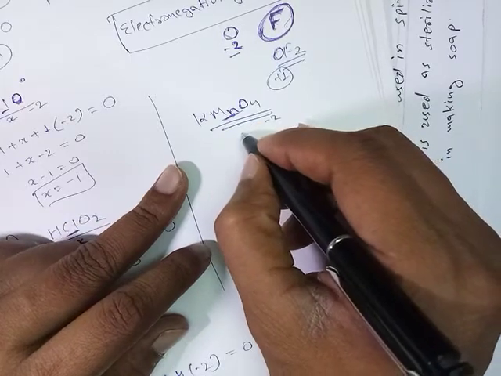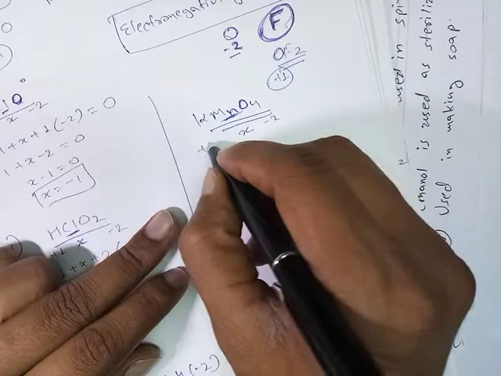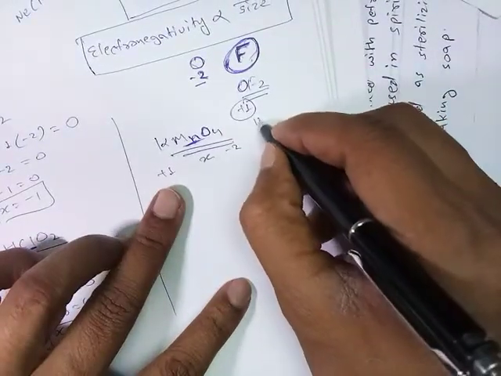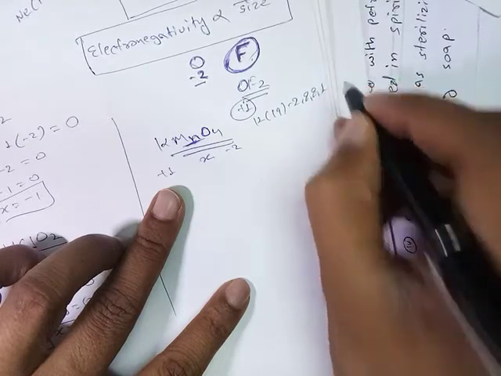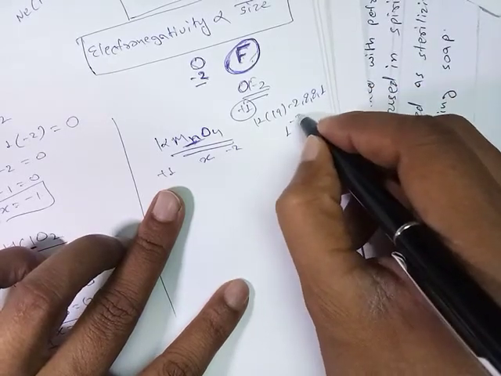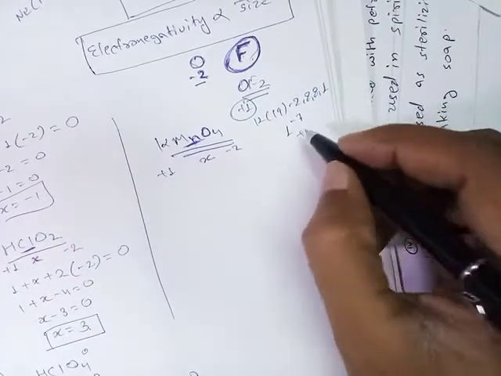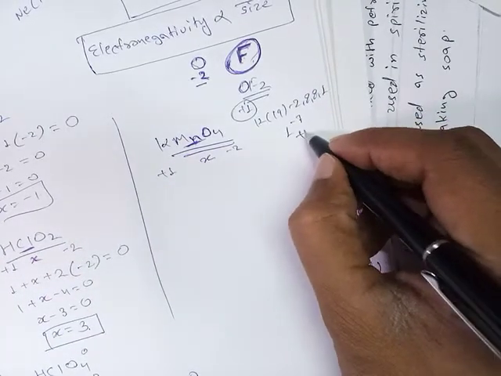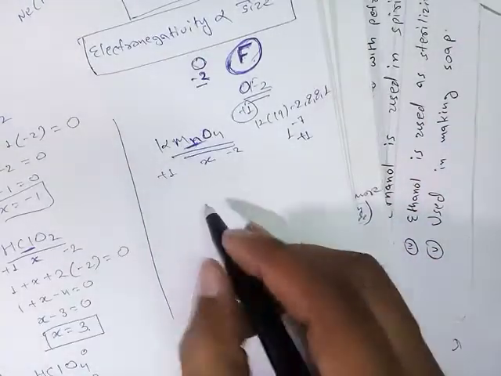Suppose the oxidation number of manganese is X, and the oxidation number of potassium is plus 1. Potassium has atomic number 19, configuration 2, 8, 8, 1. It can accept 7 electrons or lose 1 electron to complete its octet, so it favors the removal of 1 electron. Therefore, the oxidation number of potassium is plus 1.